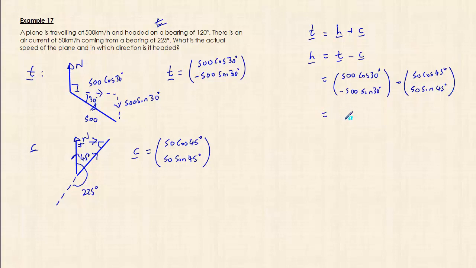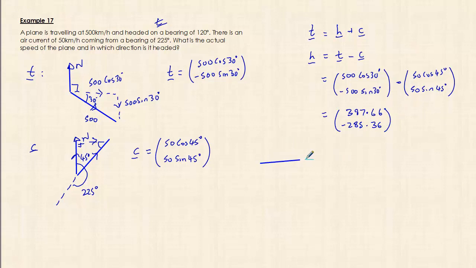And calculating to two decimal places, that gives me 397.66 and negative 285.36.